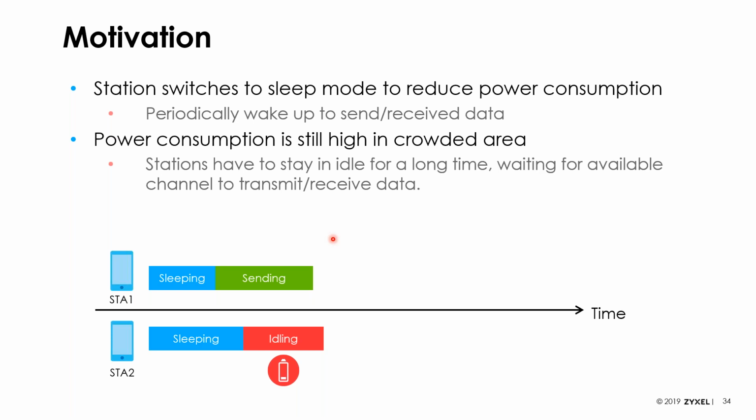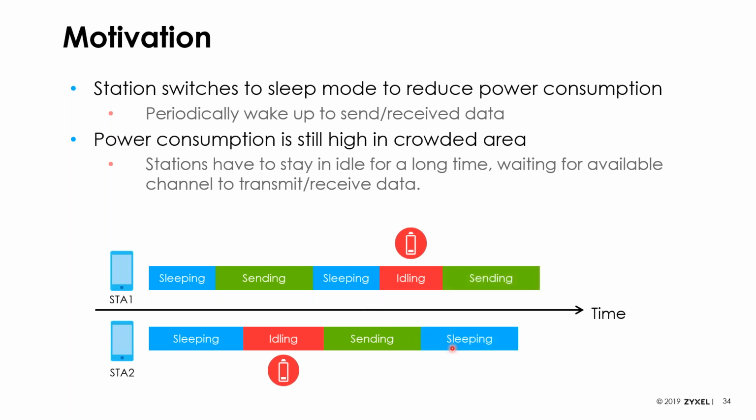And if the AP is busy receiving information from station 1, station 2 needs to wait in idle mode and obviously try to transmit, consuming not only airtime but consuming battery of the device as well. So then station 1 goes to sleep, station 2 starts sending, and station 1 can't send at the same time as station 2.